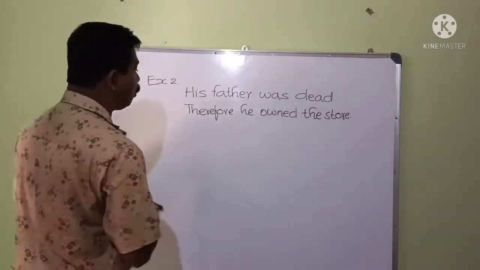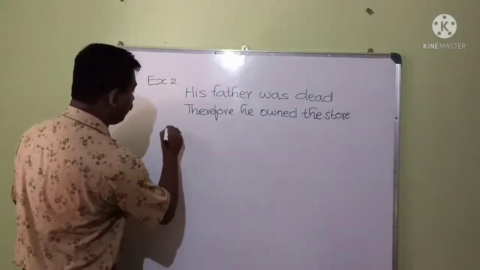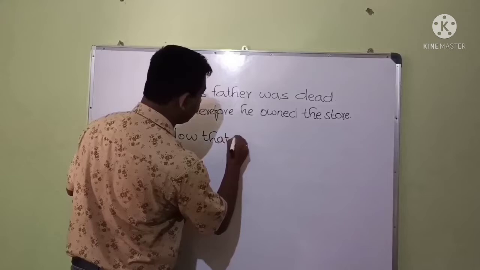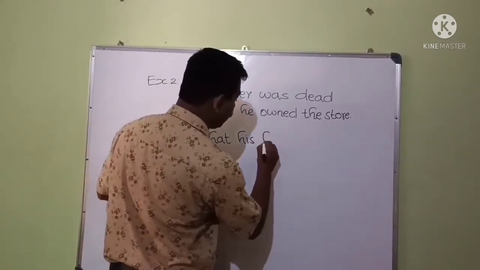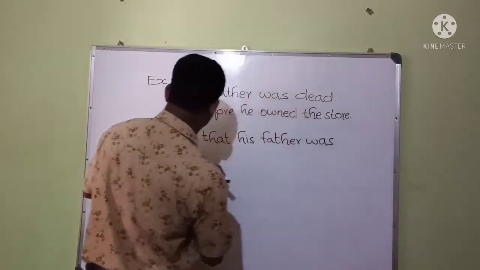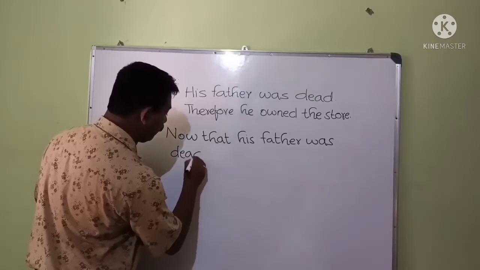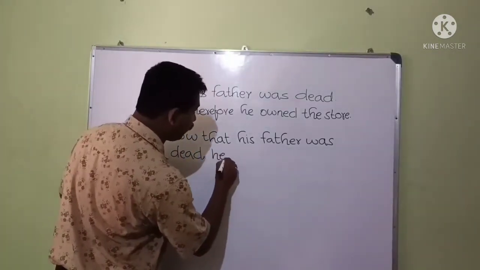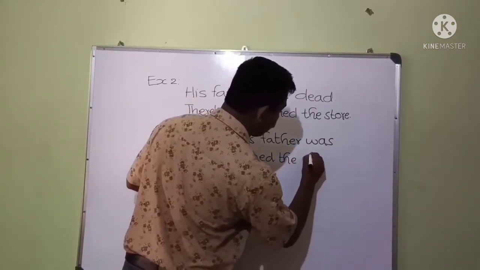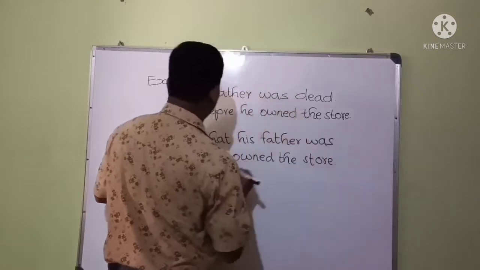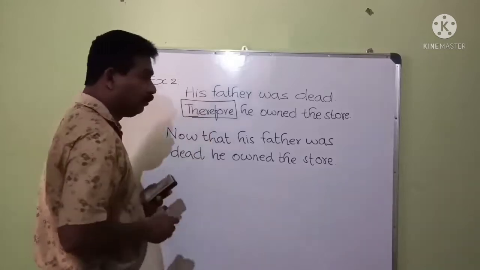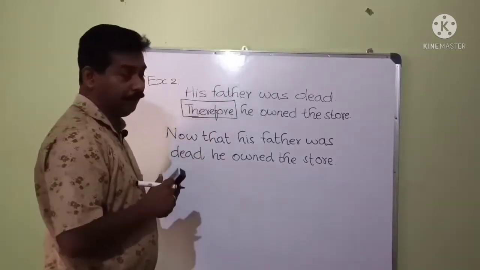So when we join them together, we get: Now that his father was dead, he owned the store. We avoid the conjunction "therefore" in the answer because it has a similar meaning.